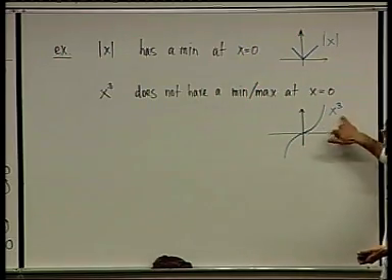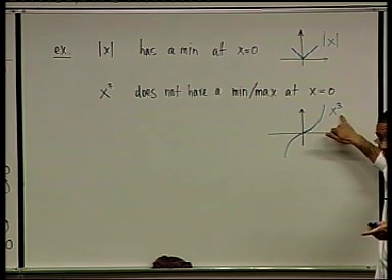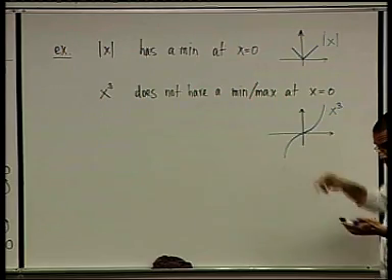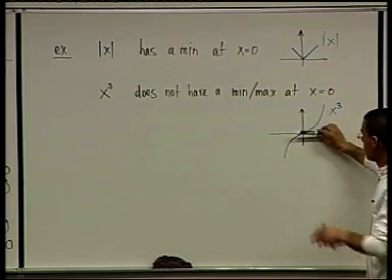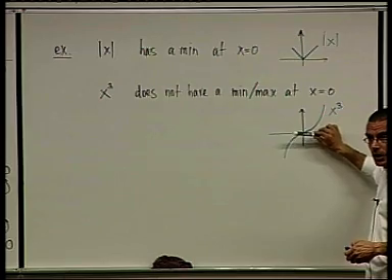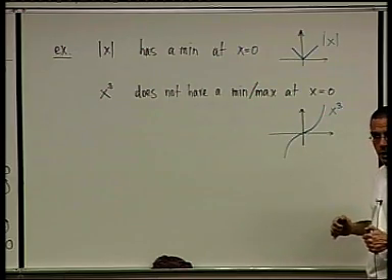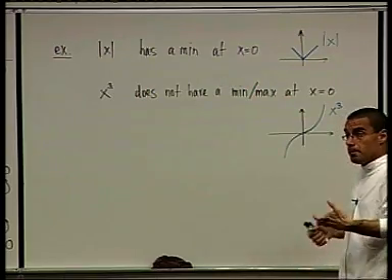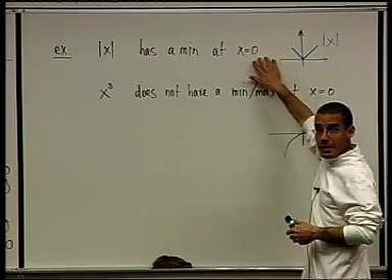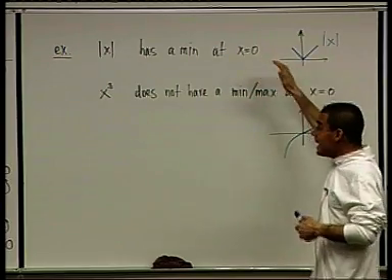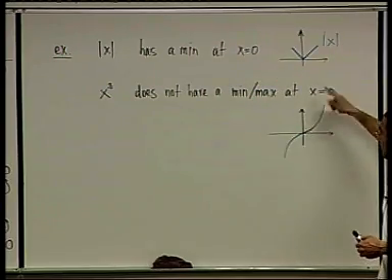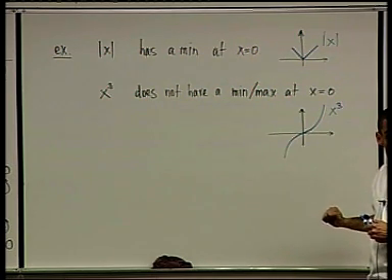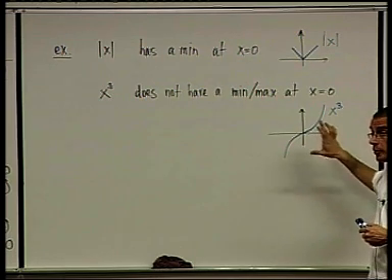The derivative at 0 of x cubed is 0, right? The derivative is 3x squared, and at 0 it's 0. So the tangent line, maybe this is not an accurate drawing, the tangent line is the x-axis, but it's not a minimum or a maximum. So it's that theorem you have to use with caution. It doesn't pick up all the minimum and maximum points, and it could pick up points which are not minima or maxima. Okay? So you have to be careful when you use it.